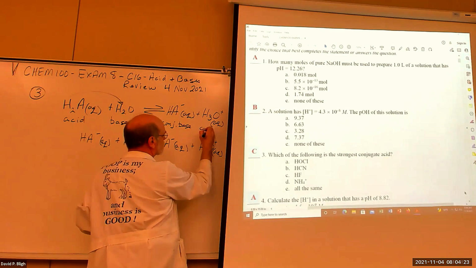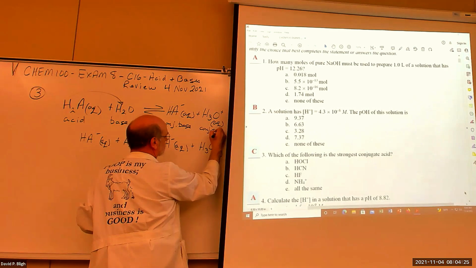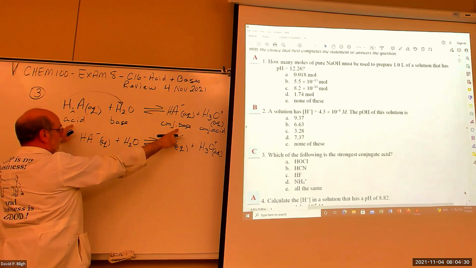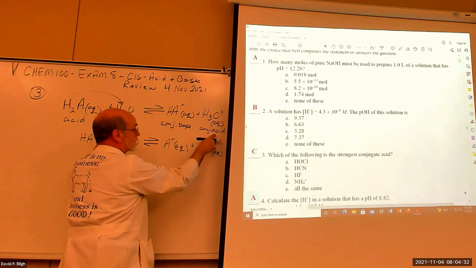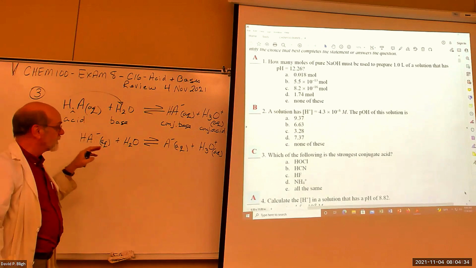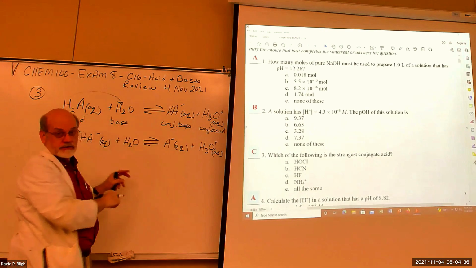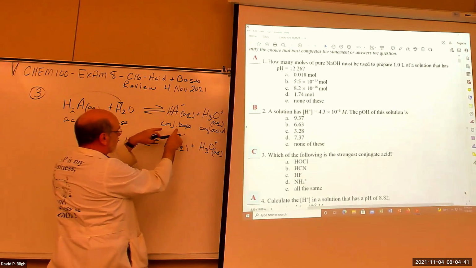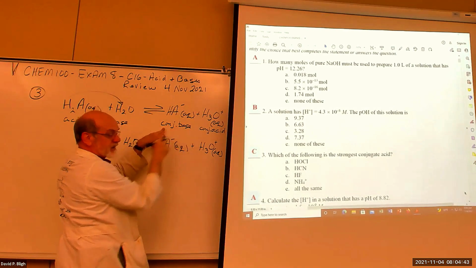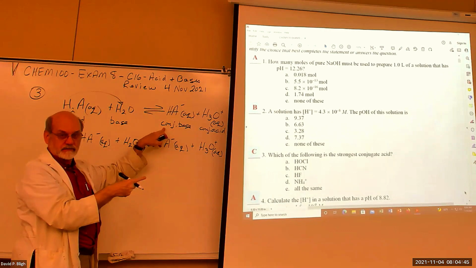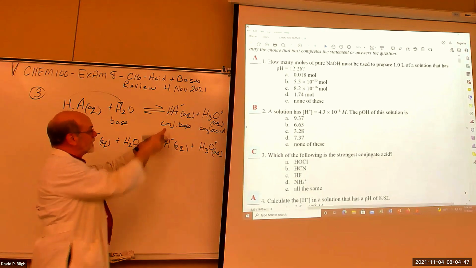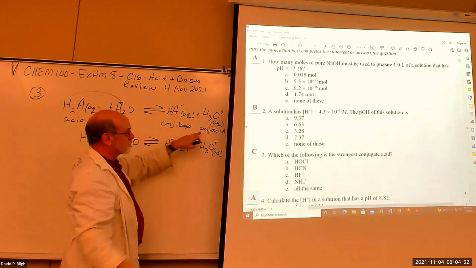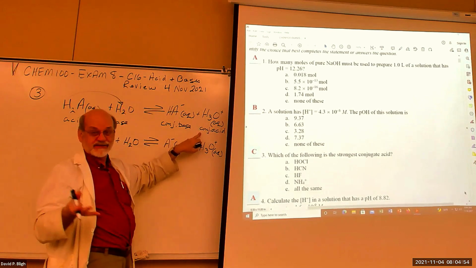And this is the conjugate acid. This is the conjugate base of that acid, and this is the conjugate acid of that base. All that means is this reaction can go backwards and forwards. It can return. So this could become a base because it would now accept a proton from any source. But in this scenario, it accepts the proton back from that species. This one donates the proton, so now it's an acid.